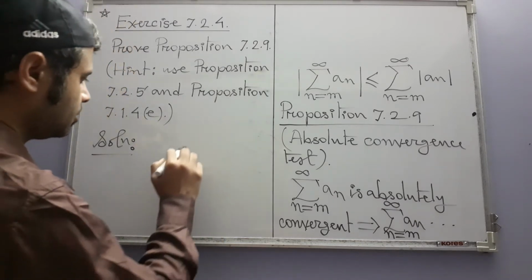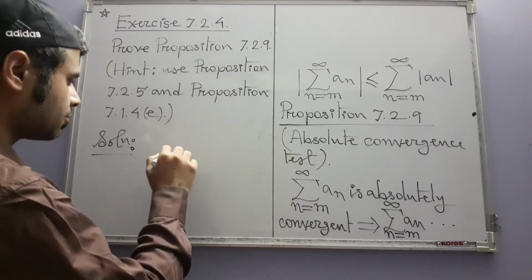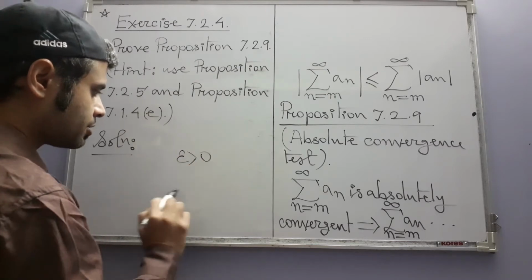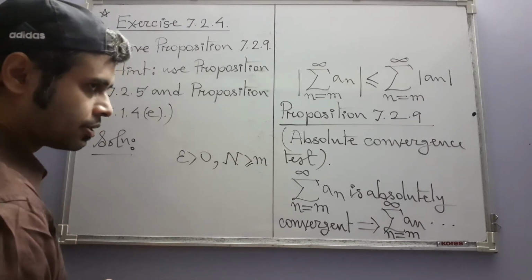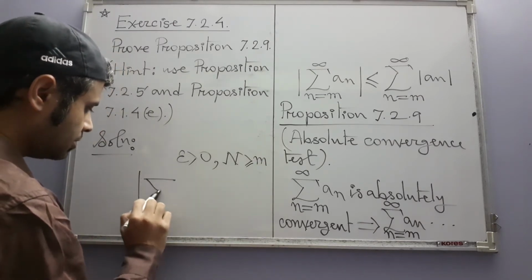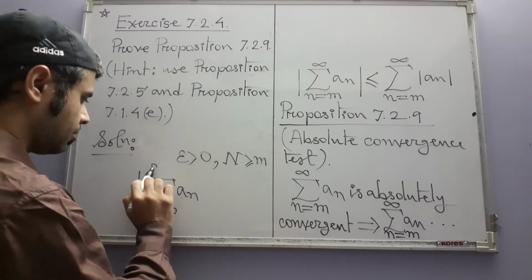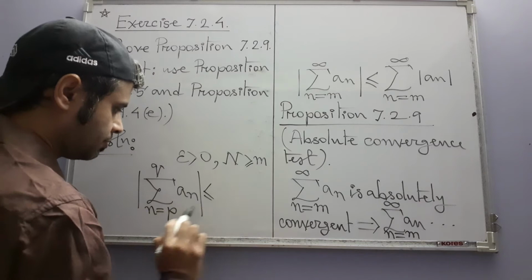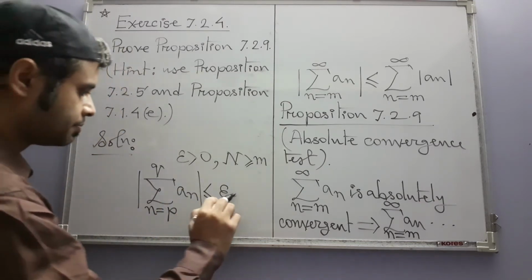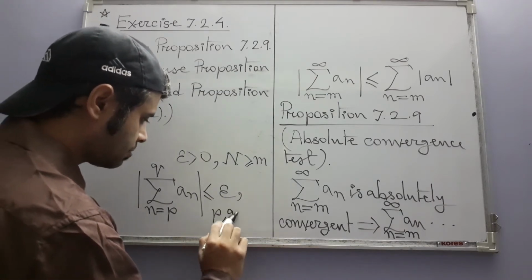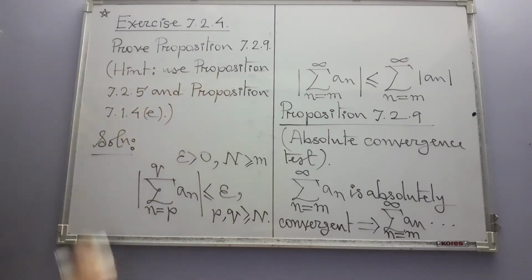It says that a series like this is convergent if and only if for every positive real number epsilon there is an integer N, for which these finite series, where n varies from p to q, all have their absolute values less than or equal to epsilon for all integers p and q greater than or equal to N.